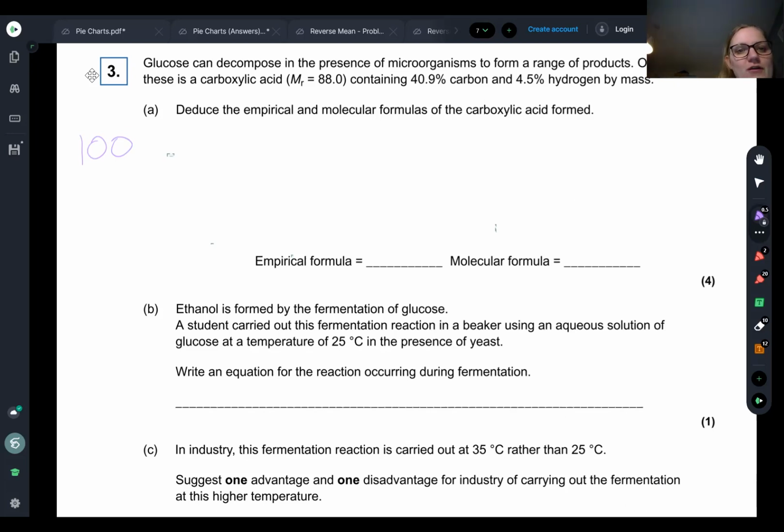Carbon is 40.9, so we're going to do 100 minus 40.9, and we're also going to take away 4.5. Let's get a calculator up.